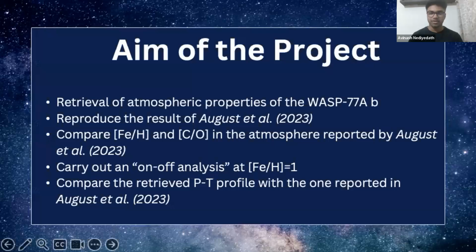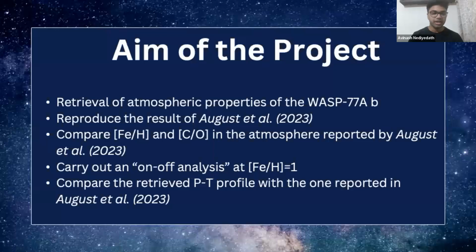Okay, so for those who do not know what the aim of the project is, it is basically to find the retrieval of the atmospheric properties of the WASP-77AB. It is to basically reproduce the result of another research paper written by August, and to compare the metallicity and the carbon to oxygen ratio in the atmosphere, which was also reported in that same paper.